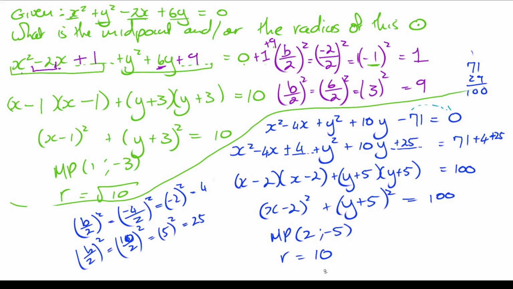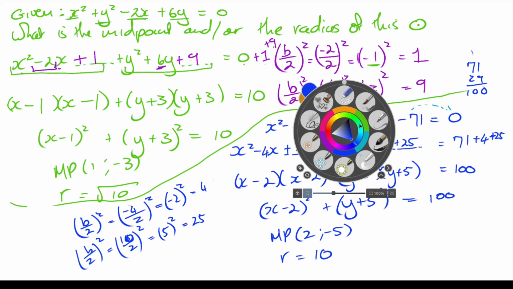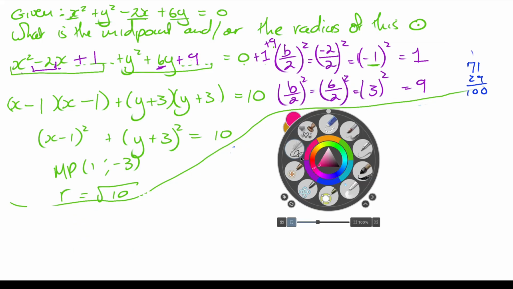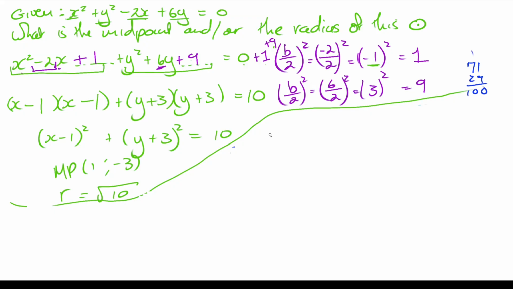Bam! Woo woo! All right, let's do one more, and then we can be done. I don't know if I can handle this much pink in my life, but let's do it. Yeah, pink and orange. Okay, so the last one is x squared plus y squared minus 2x minus 2y minus 7 equals 0.